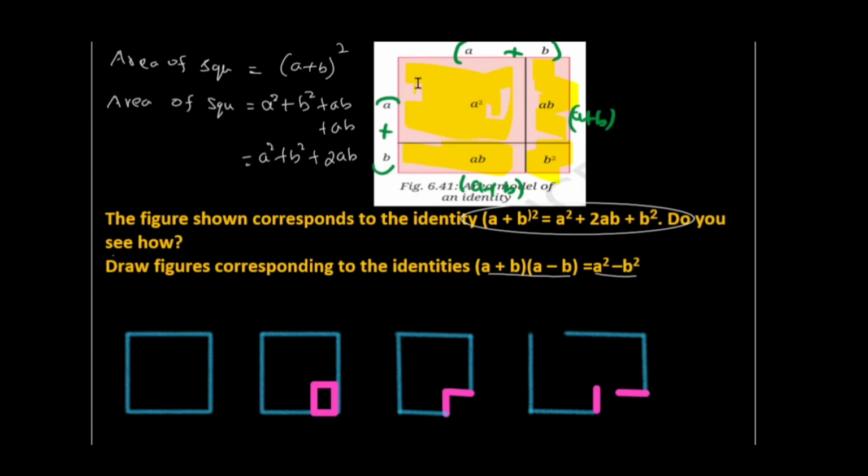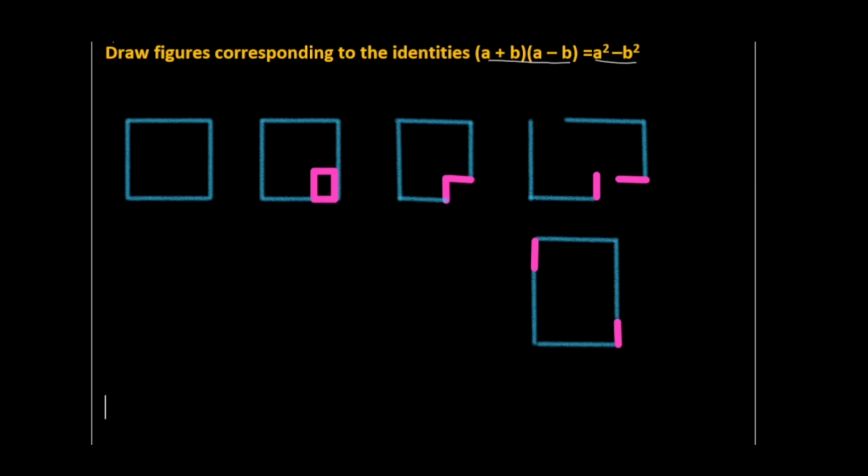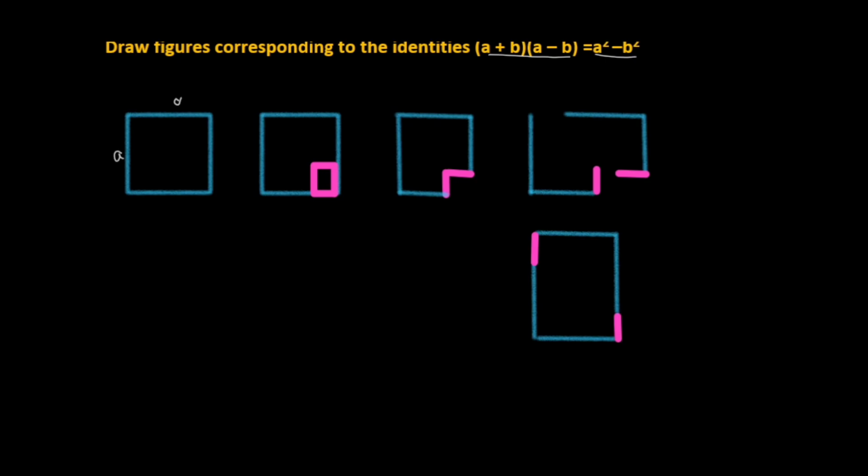Let's see that. Now take a square of side a. So the first diagram shows a square with side a, so the occupied area is a squared. This is diagram 1.